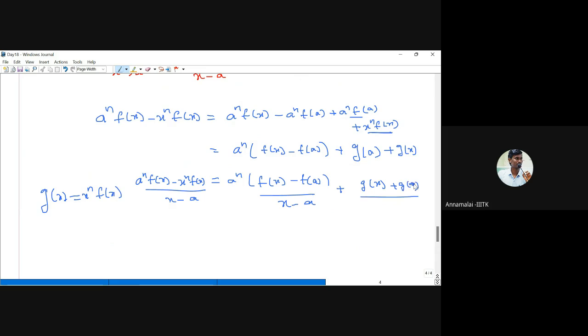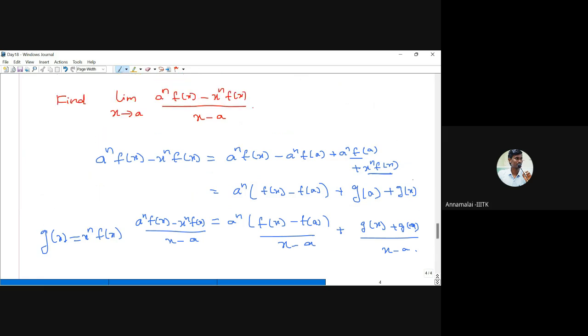No, I think I have to add one more term. What term am I missing? Actually my function itself is wrong. Sorry, so actually this is f of a.